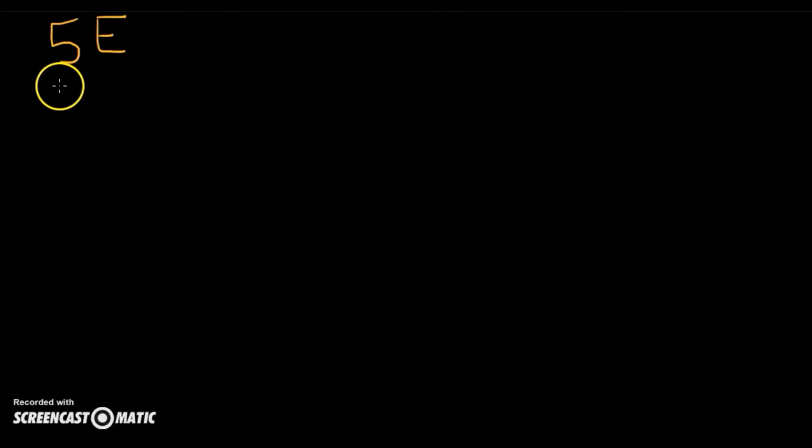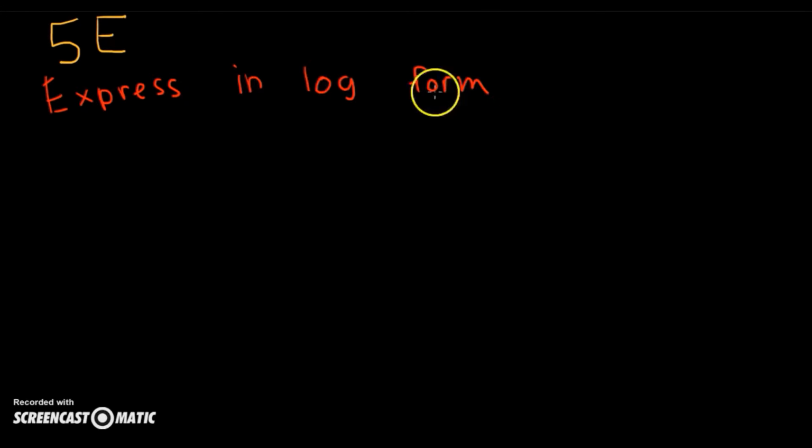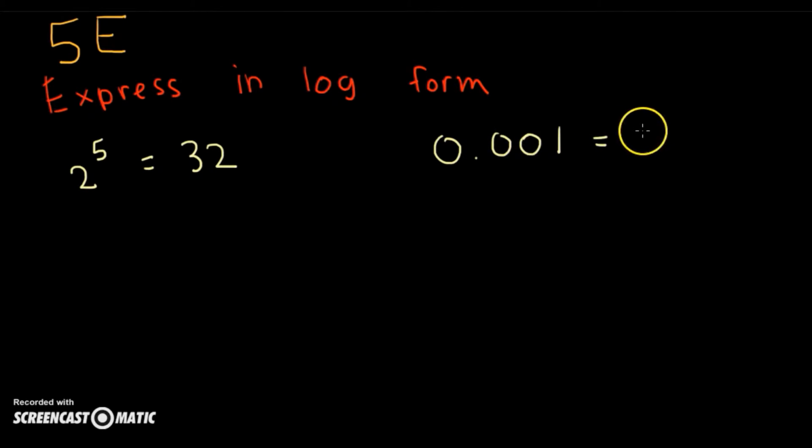So guys, today we'll be looking at a few questions from 5e. So this one is expressed in log form. These are a few questions here. 2 to the power of 5 equals 32, and another one is 0.001 equals 10 to the negative 3.